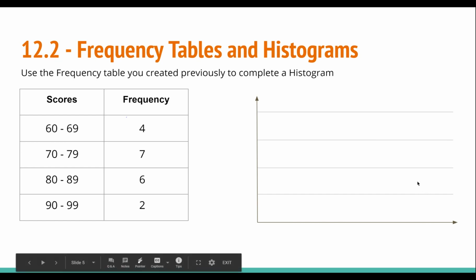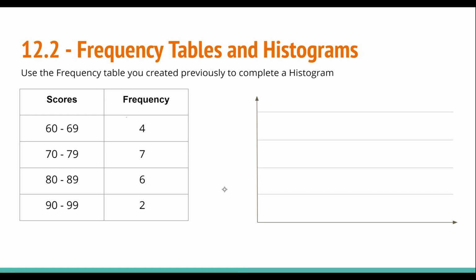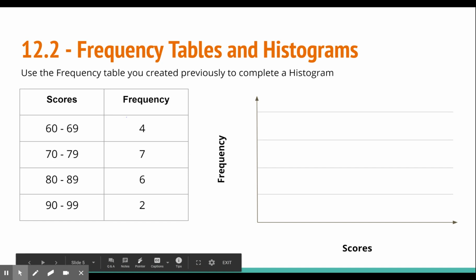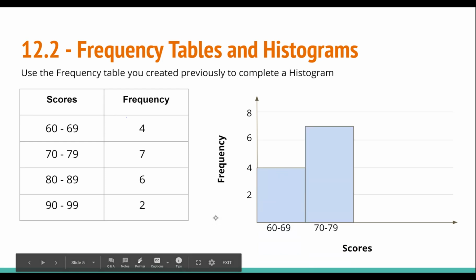So taking a look at everything, there are our labels. There are our marks over there on the y-axis. There's our interval, and it goes up to 4 for the first bar.